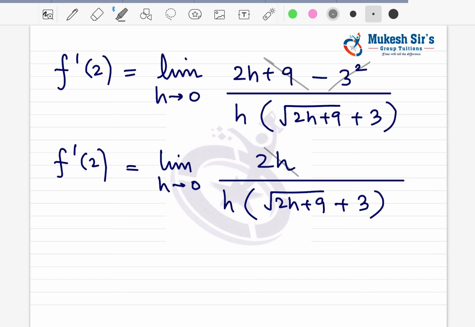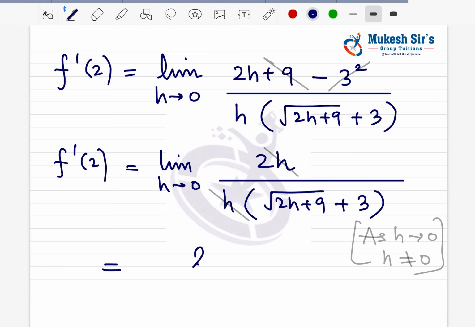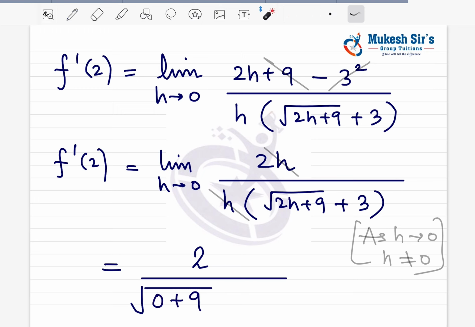Again you can see that h and h get cancelled. Because of this the denominator was becoming 0, now it is cancelled, right? The reason is that as h tends to 0, h is not equal to 0. Now you can apply the limits because the denominator is not 0. So you'll have 2 upon root of 0 plus 9 plus 3, apply the value 0 for h.